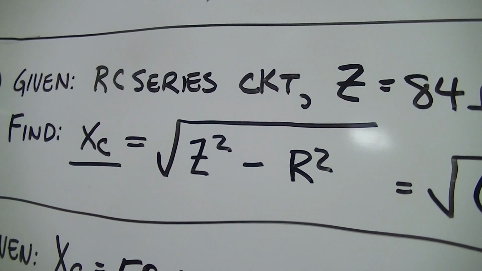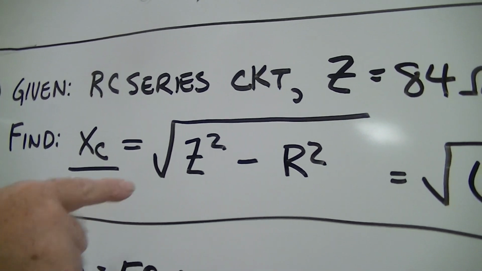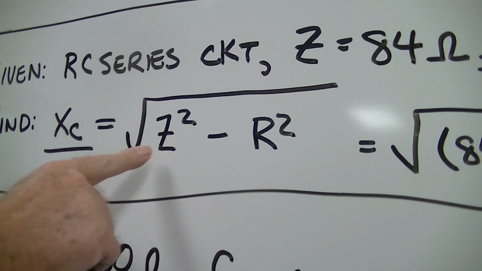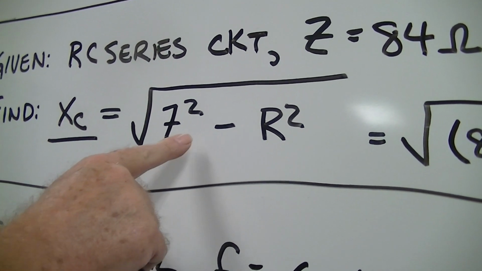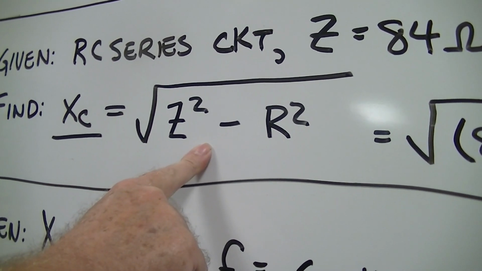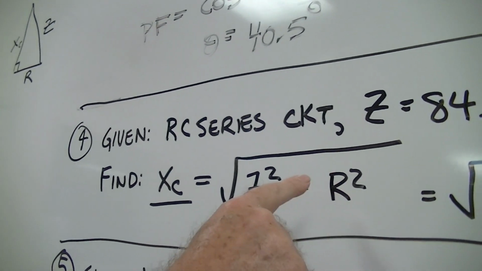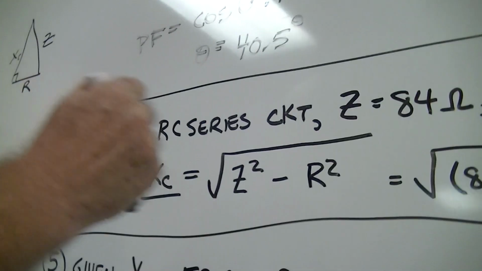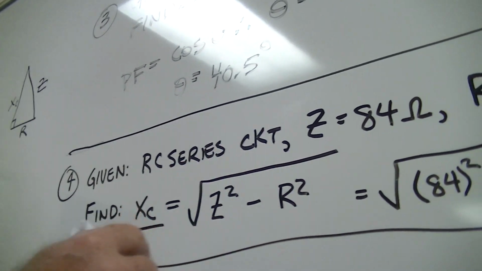Notice I'm using a different symbol here for square root because I just wanted to get you used to both. X sub C is equal to the square root of Z squared minus, keeping in mind that this Z is always the big number, the hypotenuse, and the resistance, so minus the resistance squared.